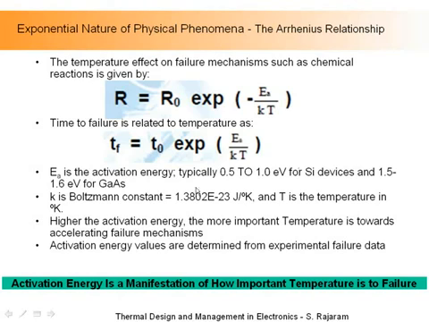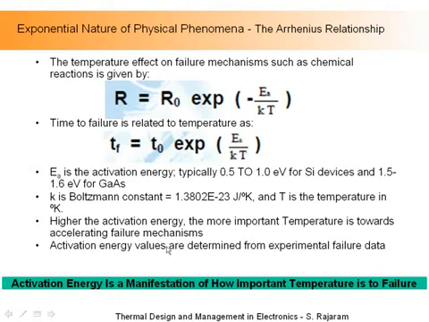Typically for most electronics, EA will be 0.5 to 1 electron volts for silicon, and it's 1.5 to 1.6 for gallium arsenide. And K, of course, is Boltzmann constant. So the thing to remember is that the higher the activation energy, the more important temperature is driving failure.